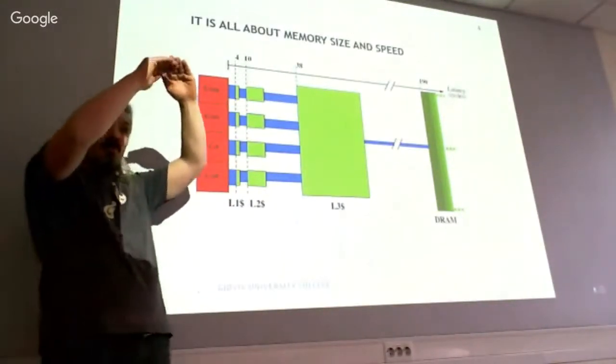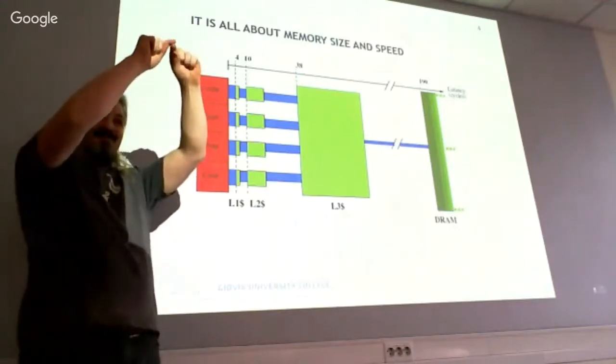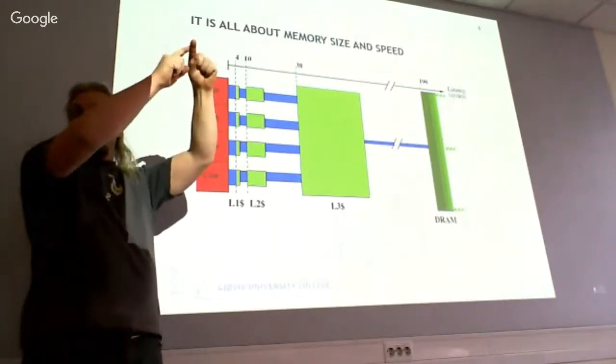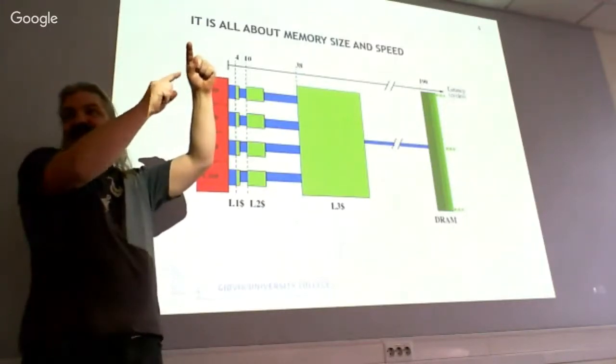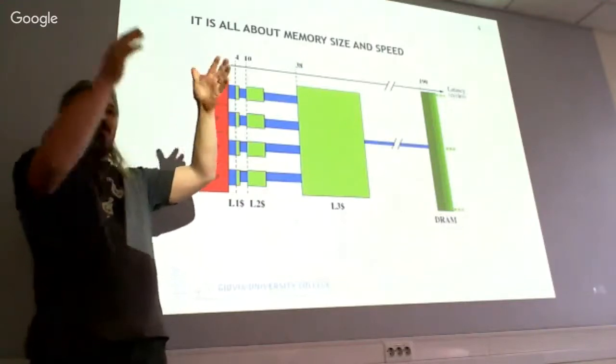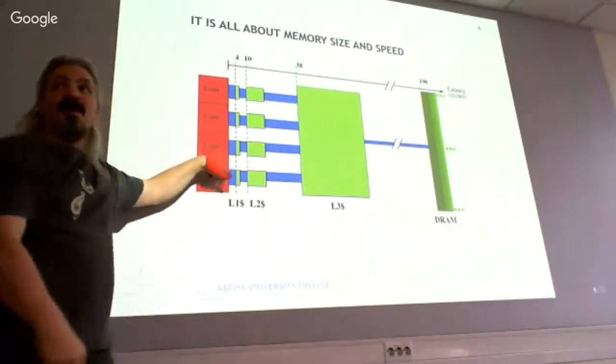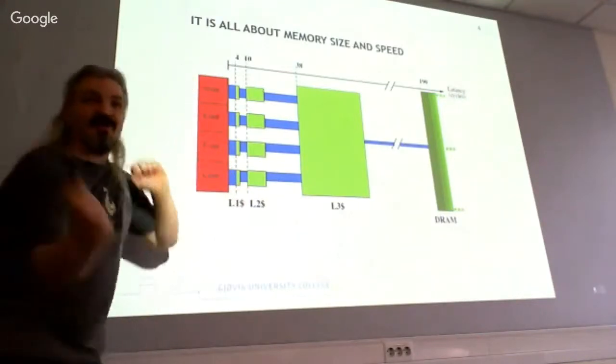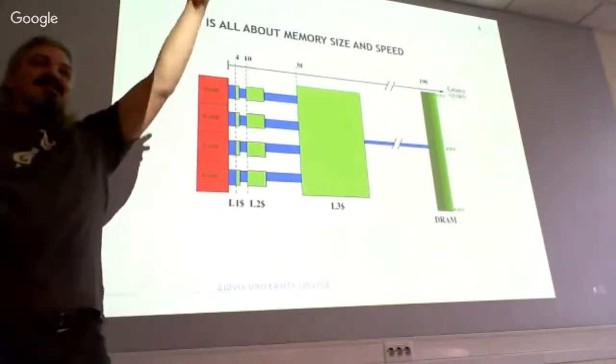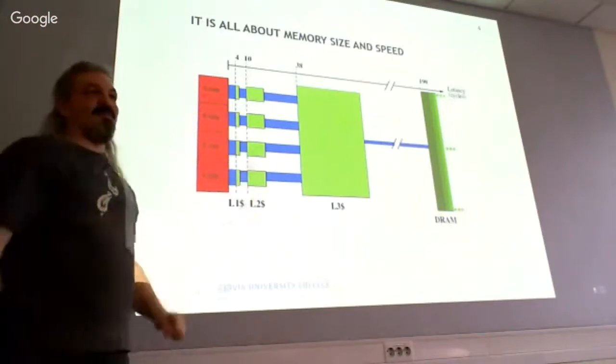Because if you're doing column access, so if you go first row, first column, second row, first column, third row, first column, you take that entire block of memory, you put it in cache. You then access one part of it, drop that entire thing, grab the next row of memory, put it in cache.